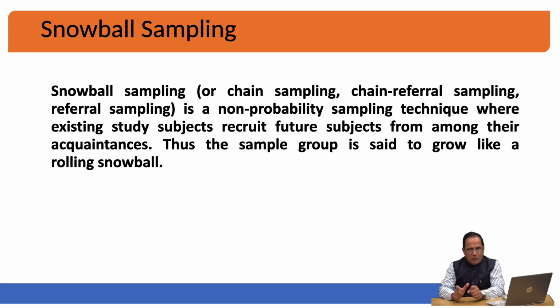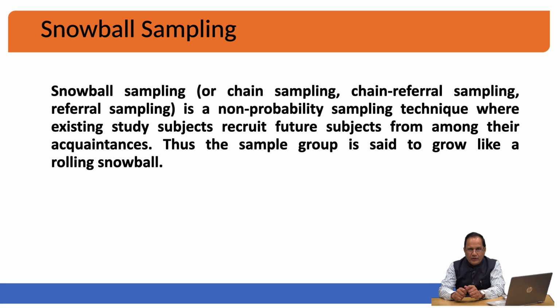The word snowball has a specific characteristic, and because of that it has been taken as the name of one of the types of sampling technique in non-probability or non-randomized sampling.